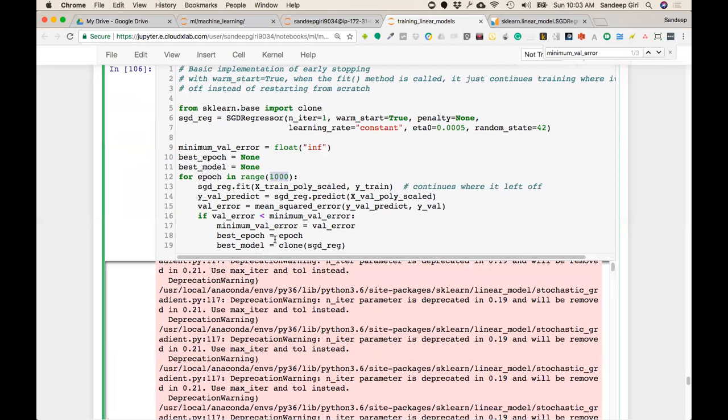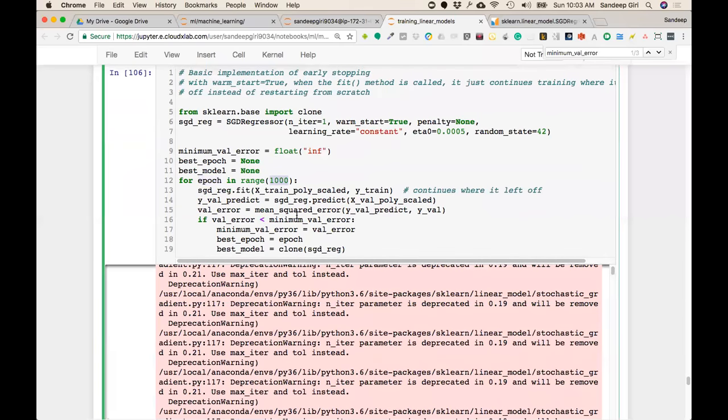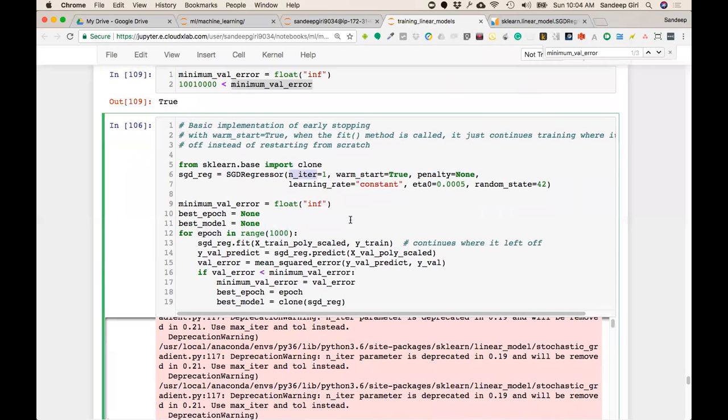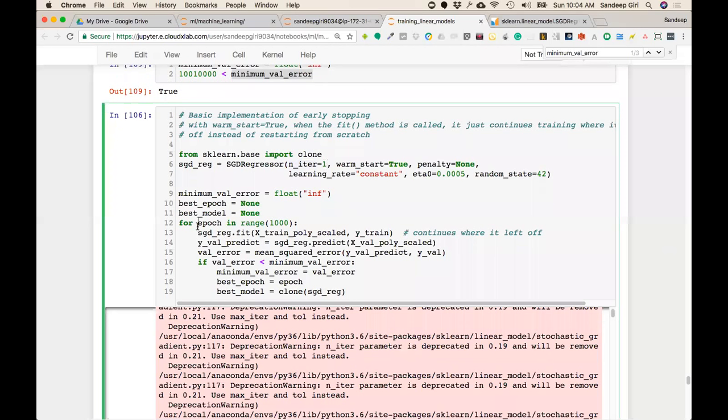Whenever we are calling SGD regression here, we are just calling it for one iteration. Since we are iterating ourselves and we are maintaining the previous coefficients, that's why we just iterate once. That's the number of iterations that we're doing.